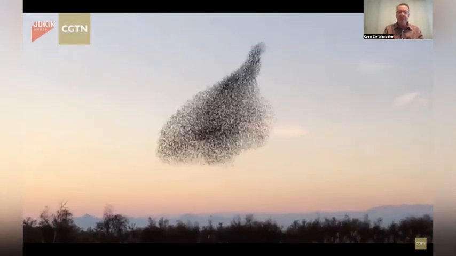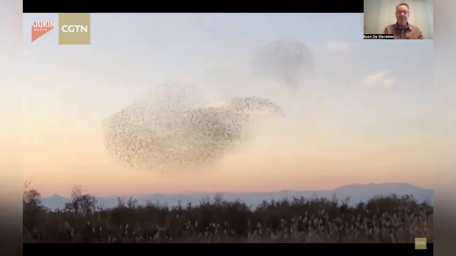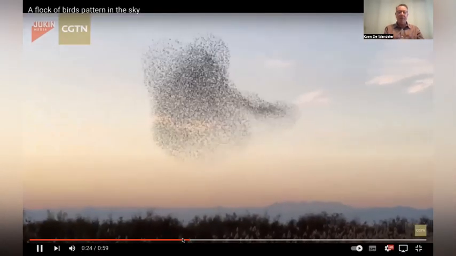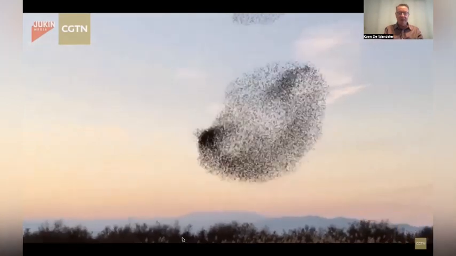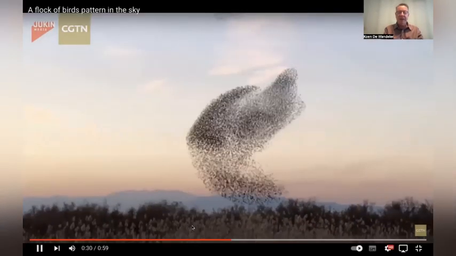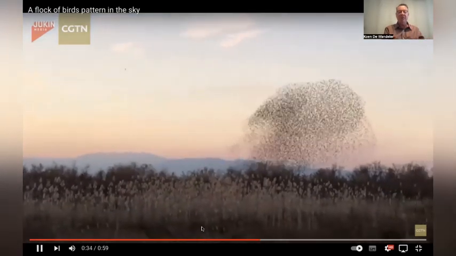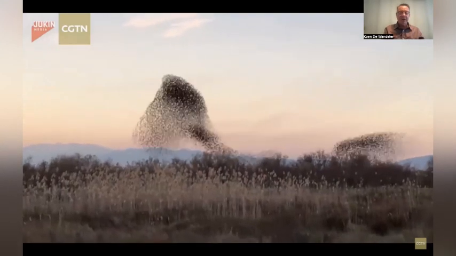Now, the reason why these birds make these patterns is basically because there is no leader. There is no particular preset pattern, but every bird follows the movement of the bird next to it. So why do they do this?